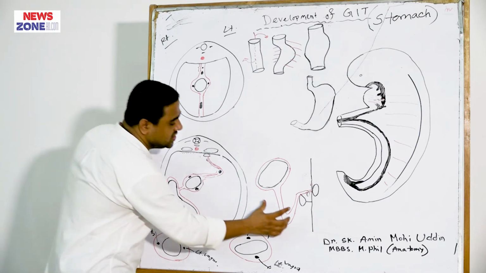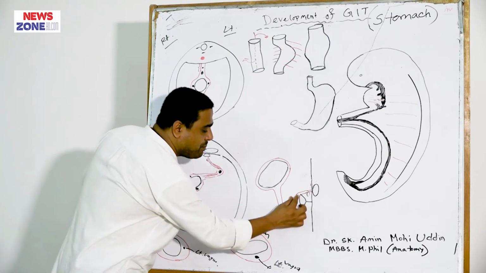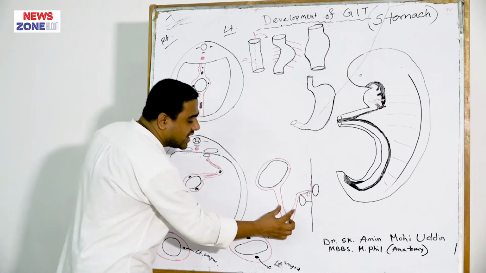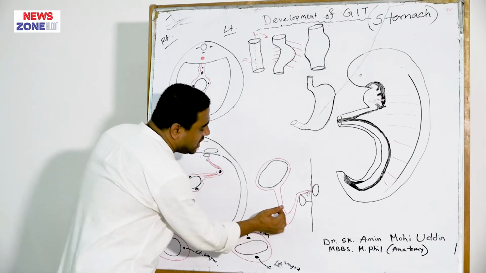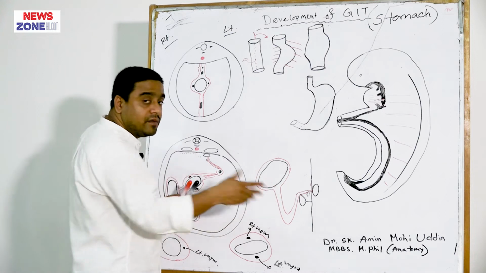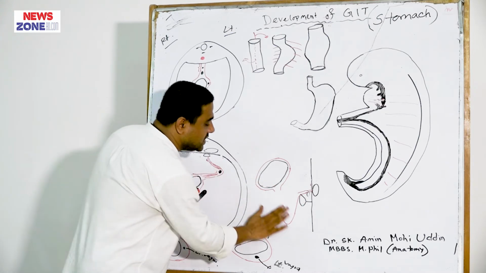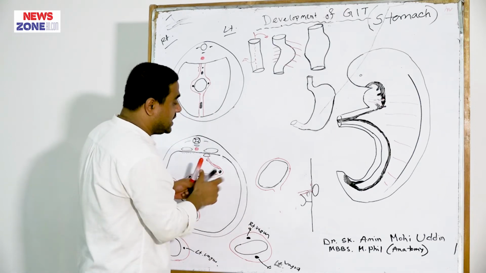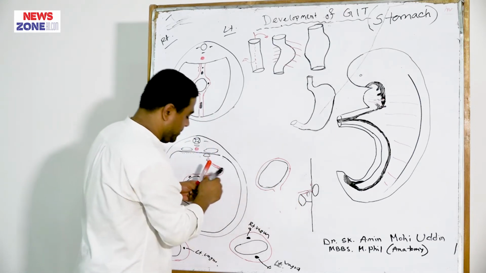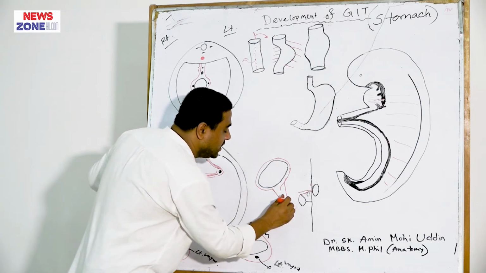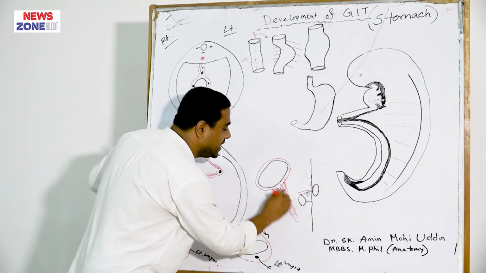This double layer is like an apron and forms the greater omentum. This double layer then becomes fused together and forms a single sheet.